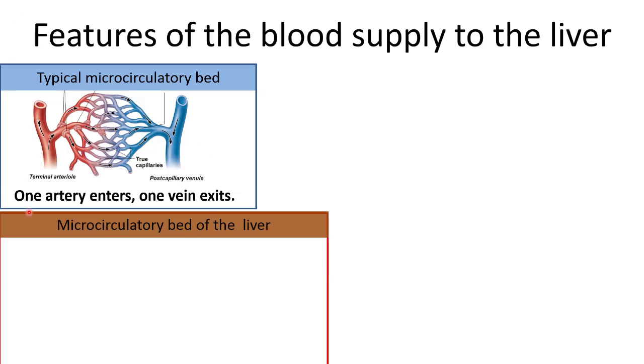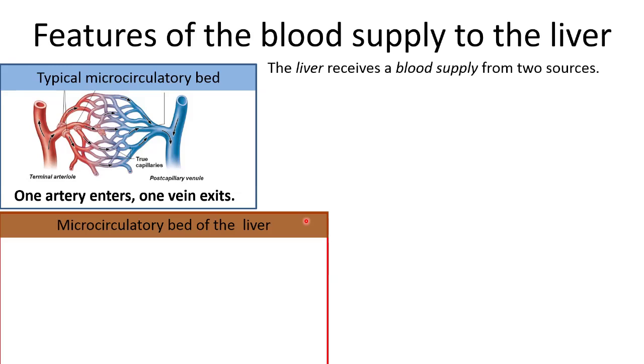So we use another color to demonstrate that it isn't usual, it isn't typical, this type of microcirculatory bed in the liver, sometimes called a miraculous bed, because it is not obvious.